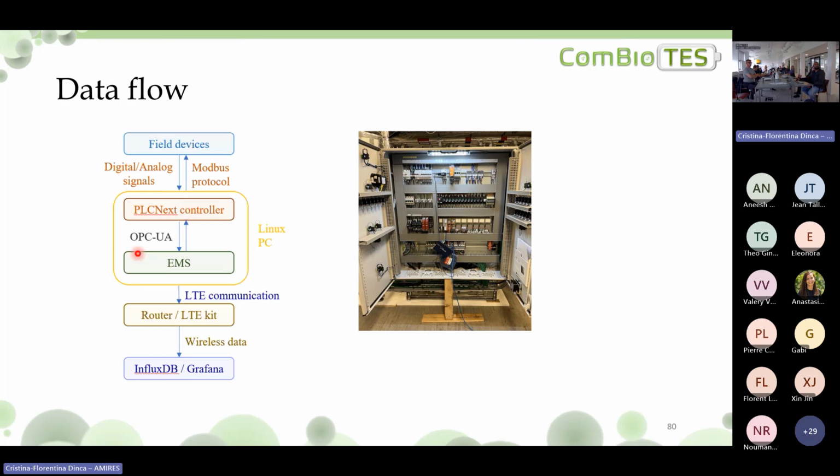And then through an OPC UA interface, they are sent to the EMS, which then is able to process the data and send some commands. And all this data or the commands, through a router, we are able to share to different sources externally.